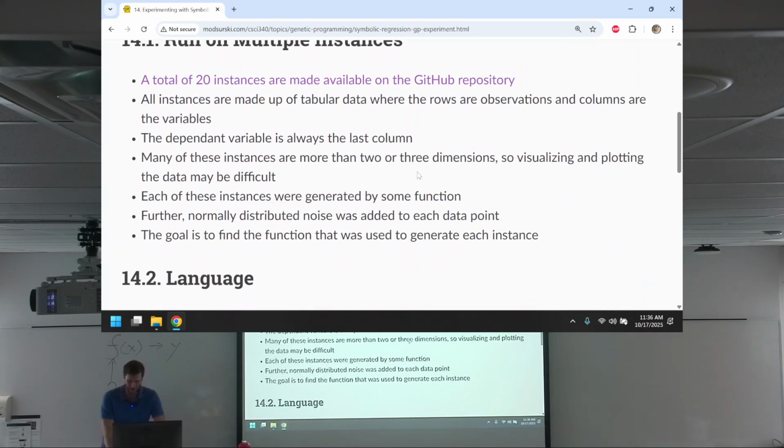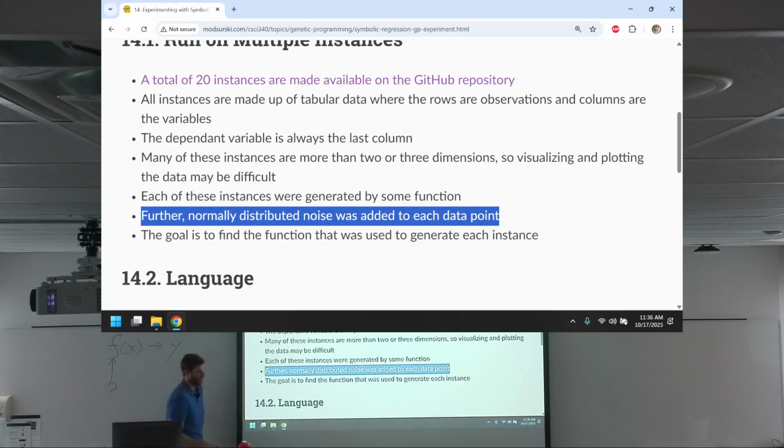And one thing to note as well, another problem was that the language I gave you by default only enabled you to have integers as constants, but some of the functions I generated used floats. Now, there would be ways for your GP system to get floats.